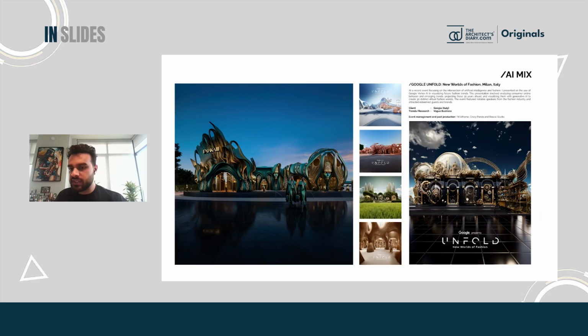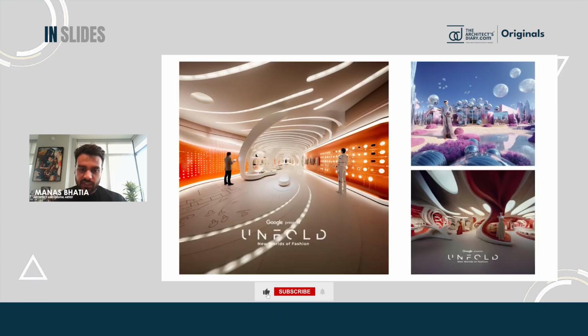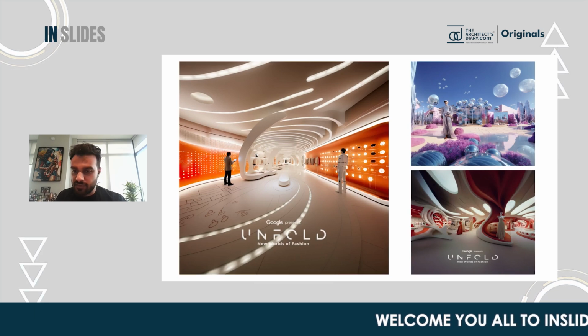So they gave me a list of all the trends, and then each trend had to be reflected through certain images. So this was a huge project, and I got a big break from this project itself.